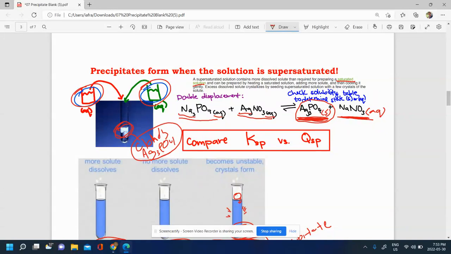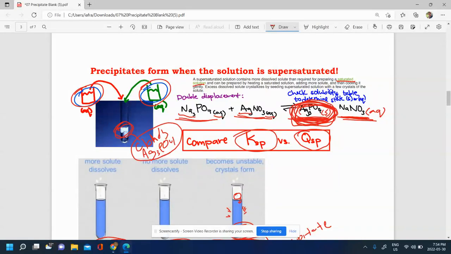So when we do a chemical reaction that's double displacement, we need to find what our precipitate could be, and then calculate the QSP for that precipitate given the concentrations in that scenario, compared to the KSP. From there we can determine if that substance will actually form a precipitate.